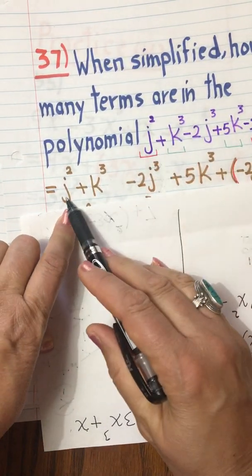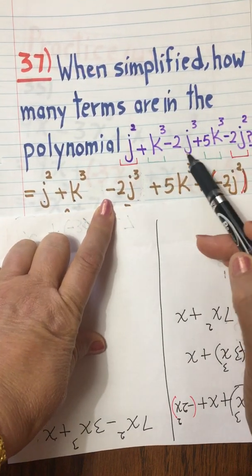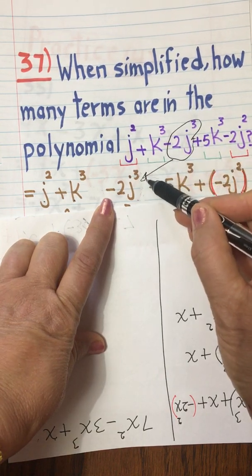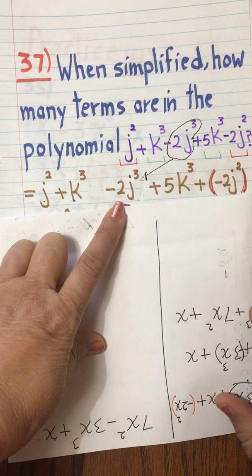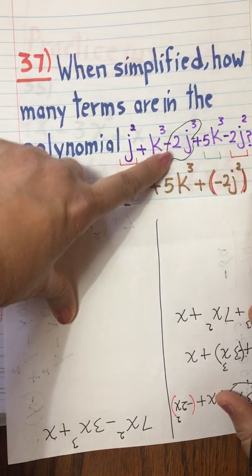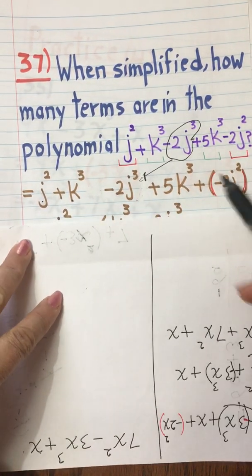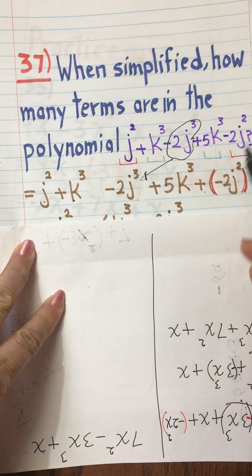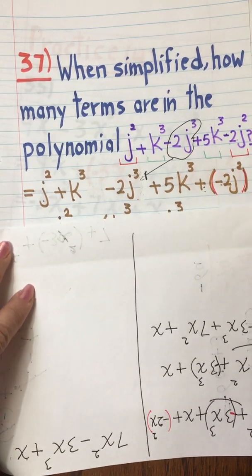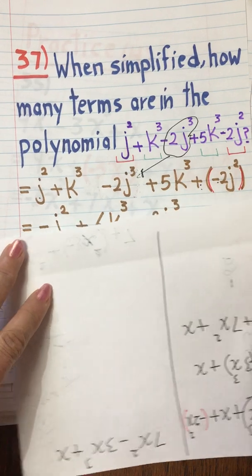Just write down plus k to the power 3, and write down this term by itself because I couldn't find another like term for it, plus 5k to the power 3. Then change the negative to a positive, so the opposite number for 2j squared is negative 2j squared.